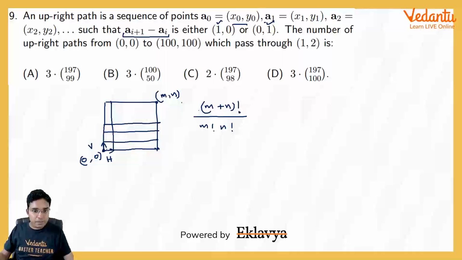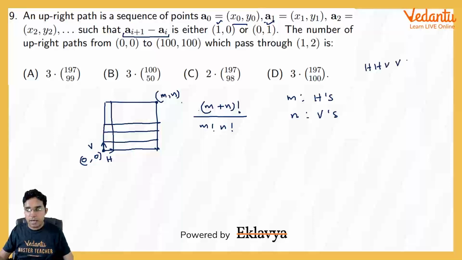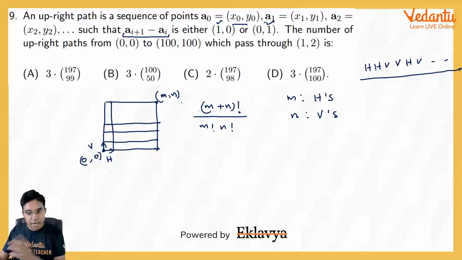Actually, we are supposed to take m horizontal steps and n vertical steps. Now we have to arrange these H, V, H, V and so on in a row in which all H are identical and all V are identical. So by that theory of arrangement of identical objects, we can write this as (m+n)! upon m! n!.